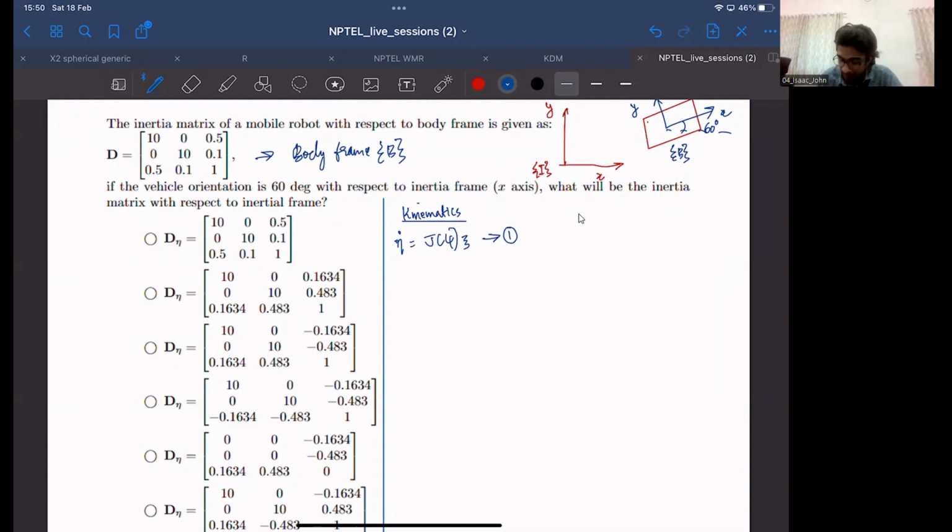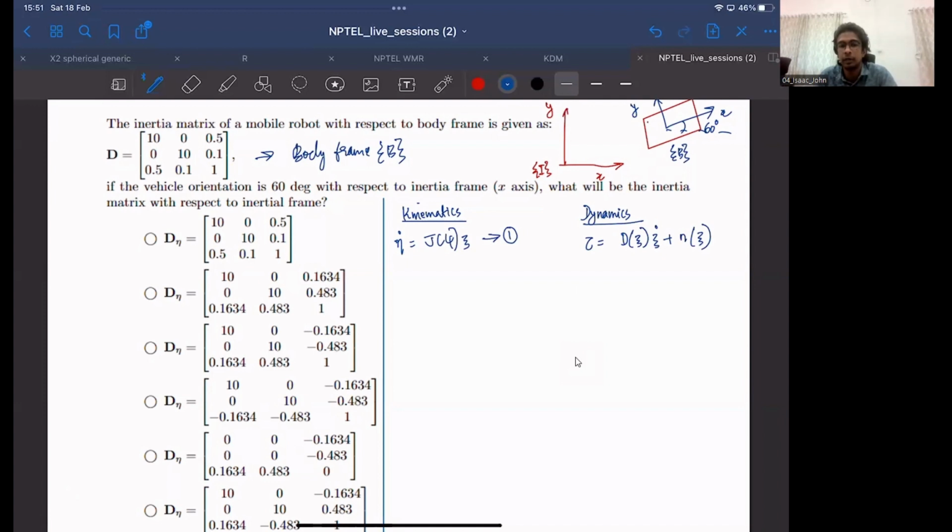And we also have the dynamics in parallel. The dynamics expressed with respect to the body frame would be: the force vector tau would be D of zeta dot plus N of zeta, where D is your mass matrix with respect to the body frame.